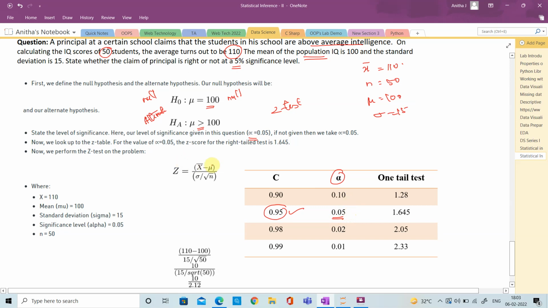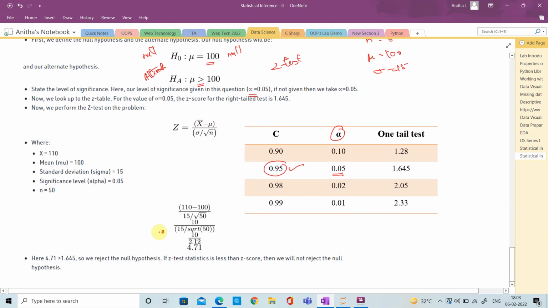Based on the formula, I have my x bar, my n, my mu, and my sigma. I apply all those values in the formula. The calculated Z value needs to be checked against the Z critical. Now my significance level is 0.05, so the corresponding critical value is 1.645. With the given values, I have calculated the Z value, which is 4.71.